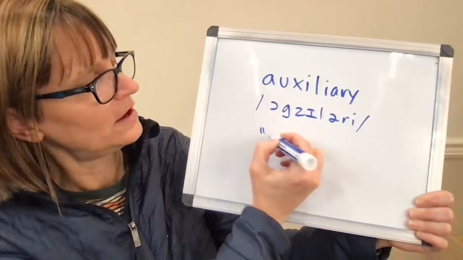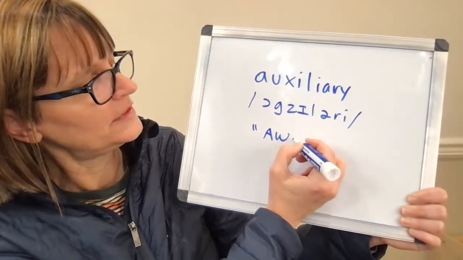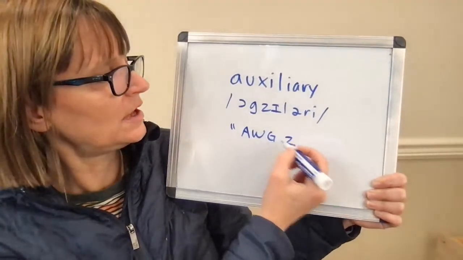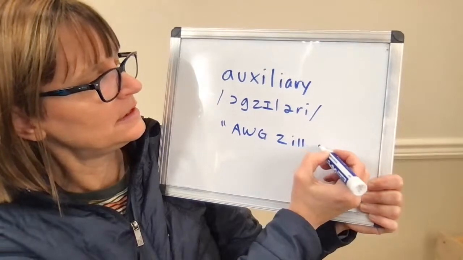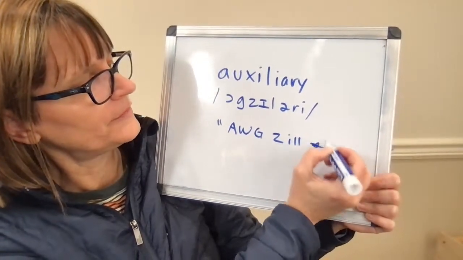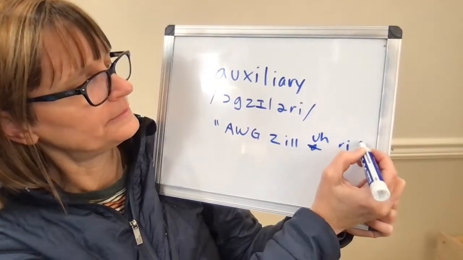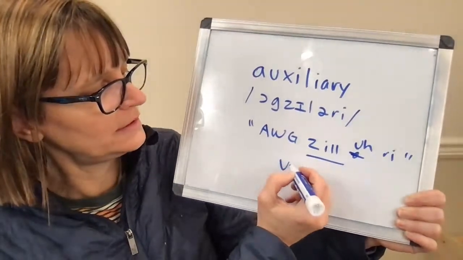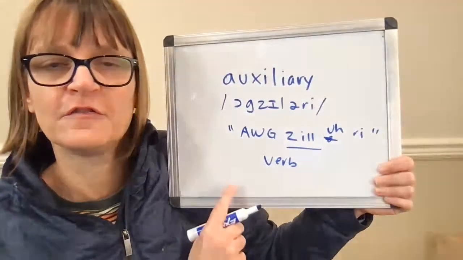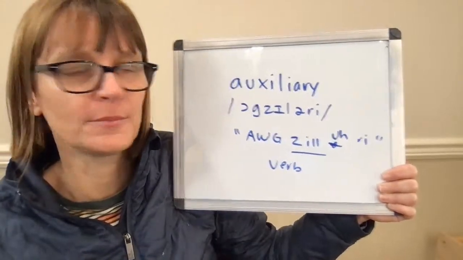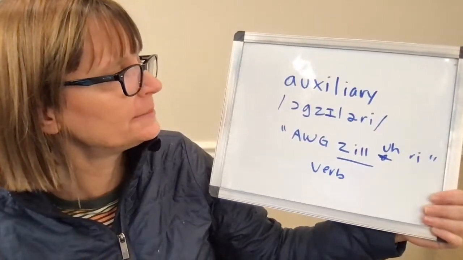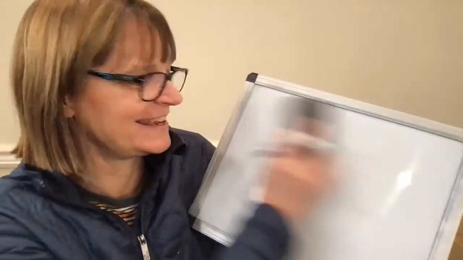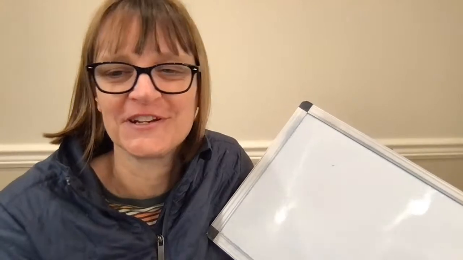So that would sound like, with a G, aug. The X says a G and a Z in this word, auxiliary. Stress on zil, auxiliary. And then verb, just your v and your b, verb, auxiliary verb. Yeah, okay, good. Hopefully that's what you were asking. If not, you can put another question in and clarify.